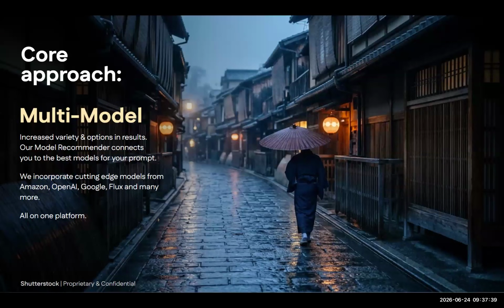But again, perhaps this is not necessarily new information, or perhaps it is if this is your first time hearing about Shutterstock. But regardless, for both imagery and video, our approach is model aggregation. So for example, on the image side, we've got top models from Nano Banana, ChatGPT, Runway. On the video side, we've got models from Runway, Google Veo, Sora.